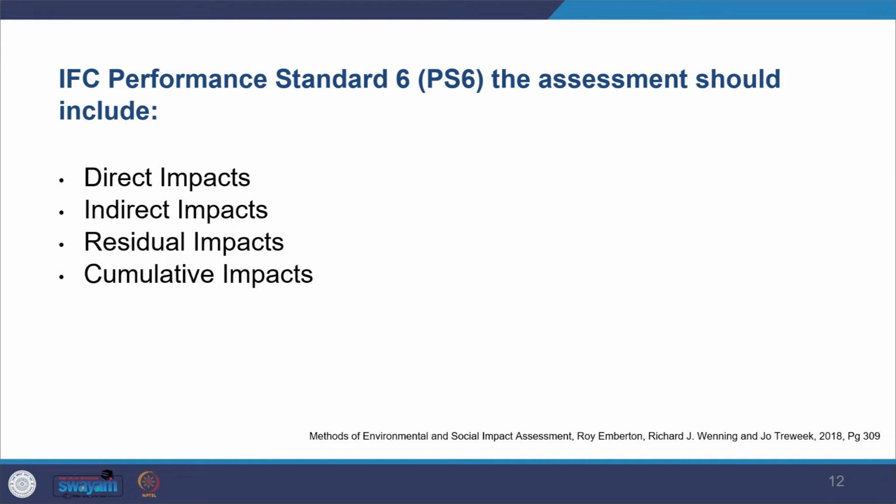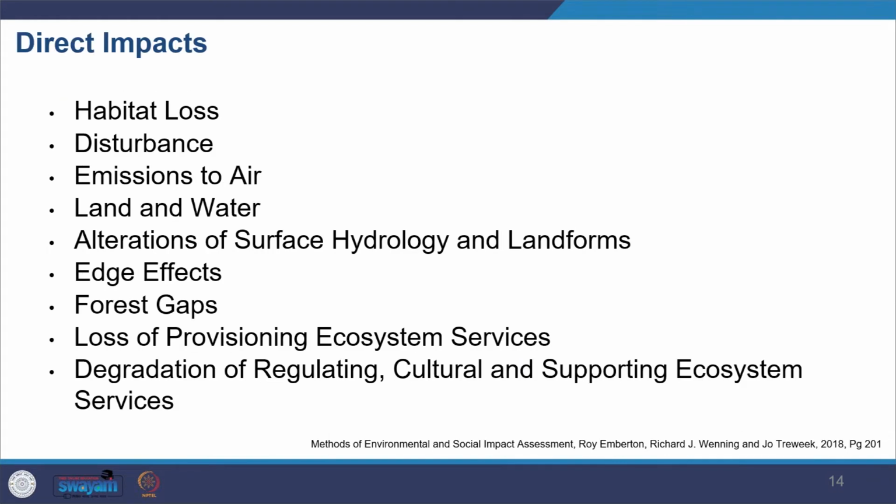So the IFC Performance Standard 6 gives you what are the direct impacts, what are the indirect impacts, and so on. So that has to be seen in the area which will be affected by the proposed development. So looking at the direct impacts, there are a range of direct impacts.